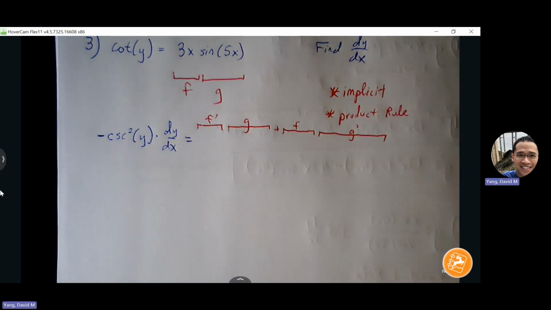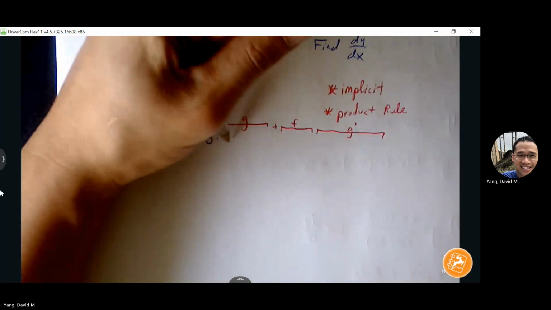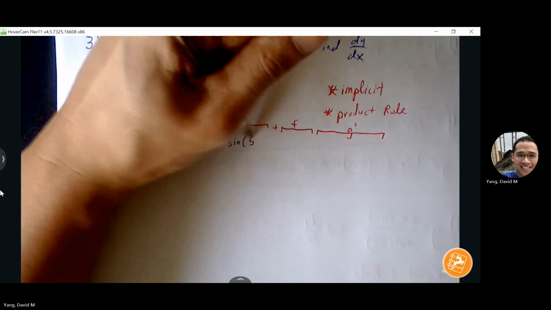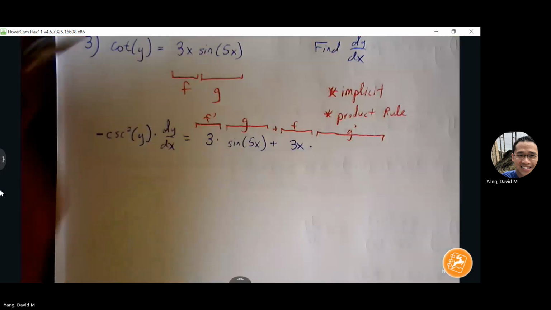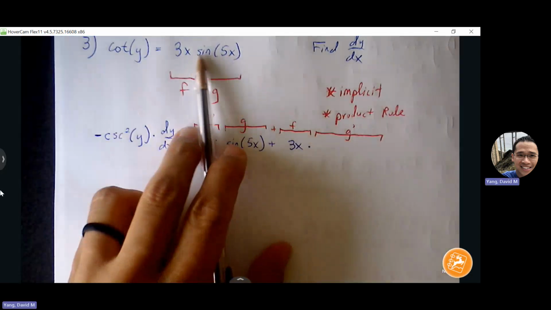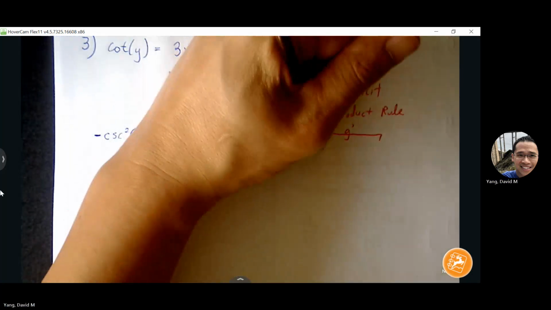Okay, f prime g plus f g prime. And then sine of u becomes cosine of u times u prime.